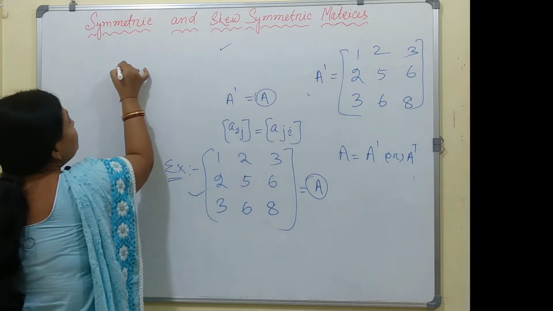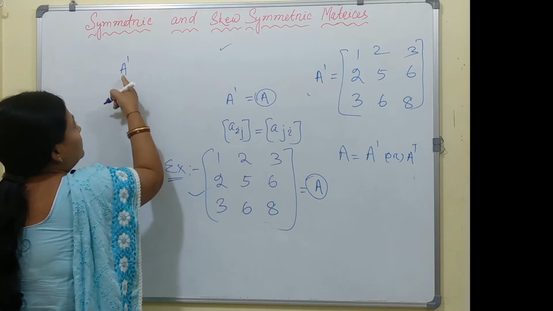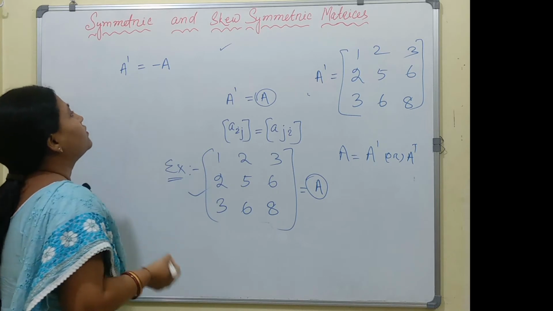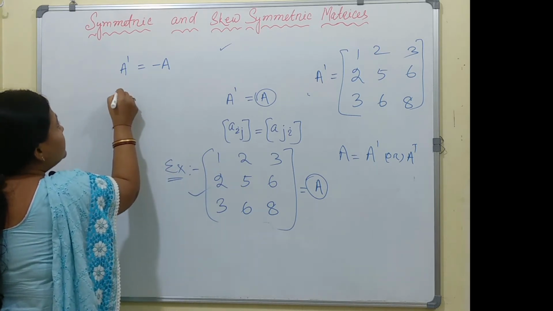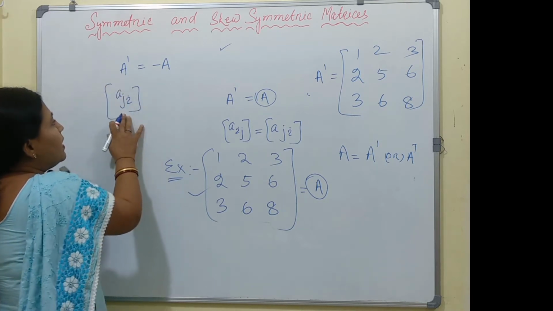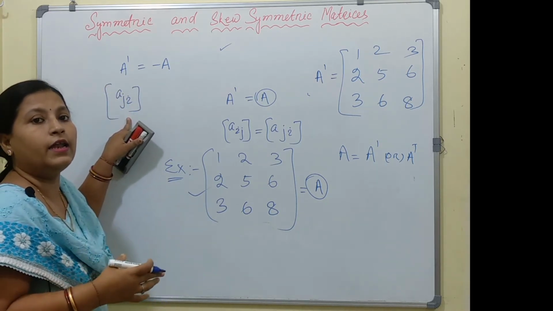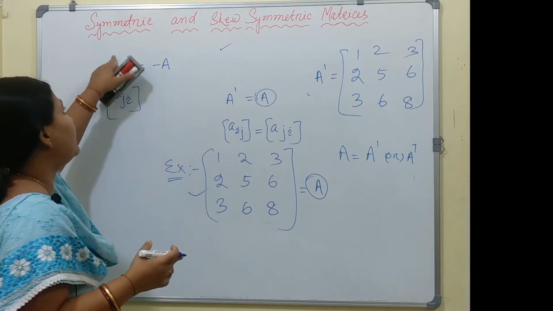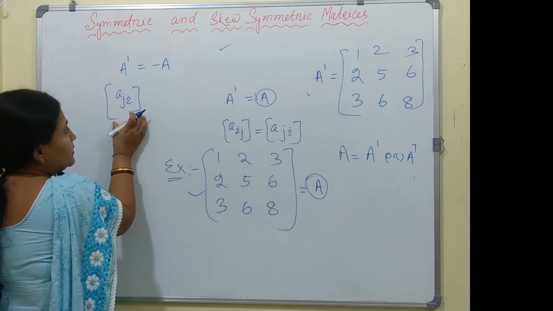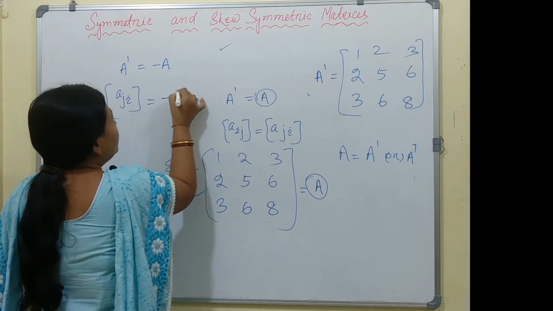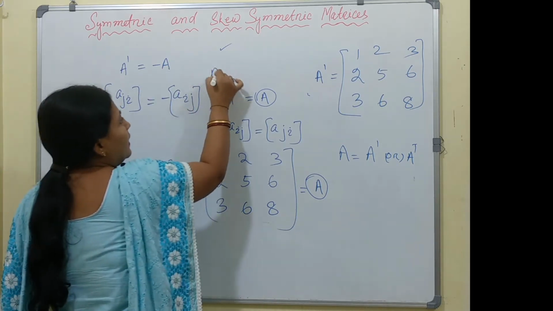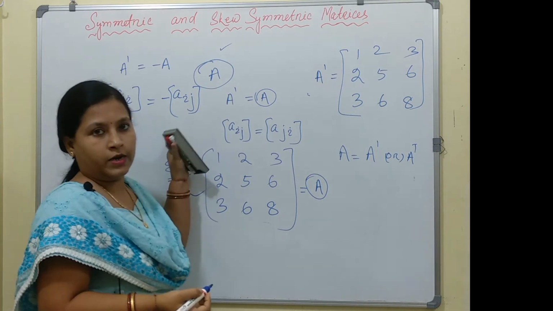That means A transpose or A dash is equal to minus A. In general form, if A has the elements Aij, then A dash has the elements Aji. So if Aji is equal to minus Aij, then this matrix A is called a skew-symmetric matrix.